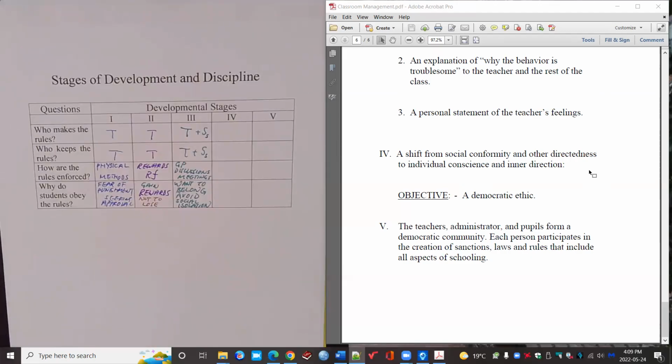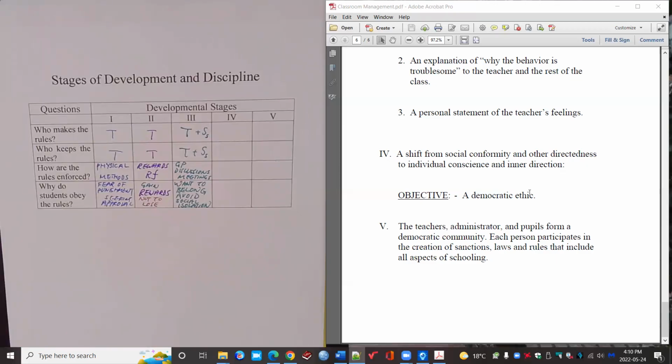Okay, a shift from social conformity and other directed to individual conscience and inner direction. It is very much like Kohlberg's stage 5, is that right? Very much like Kohlberg's stage 5, and even close to stage 6, is that right? Individual conscience. A lot of time this has a universal appeal. All right. So mostly Kohlberg's stage 5 and some stage 6.